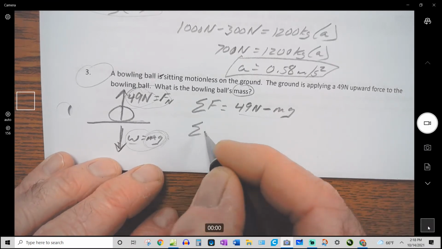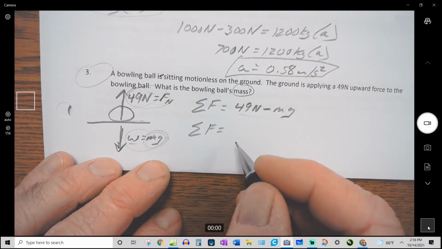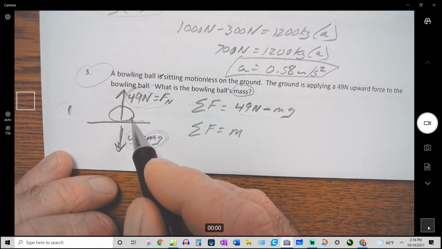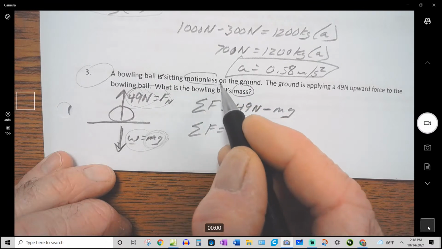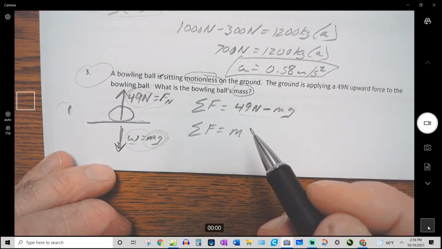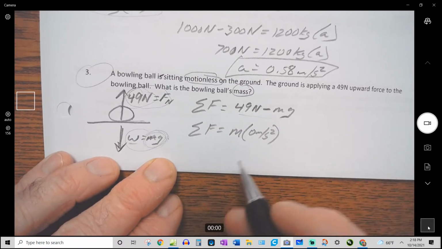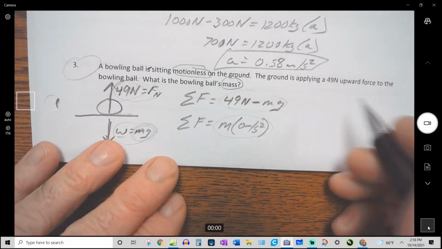That's the sum of all the forces. The other way to get net force is to do mass times acceleration. I don't know the mass. I'm looking for that. And what's the acceleration of this ball? It's motionless. The acceleration is 0. So this is the net force, and so is this. So I can set them equal.